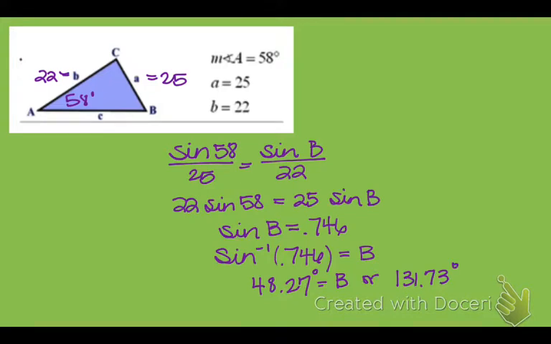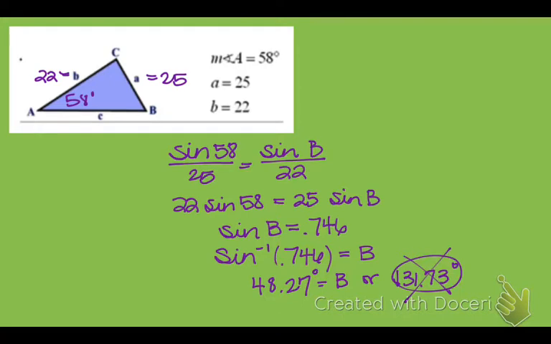So we have to go back to our triangle. If we had 180 degrees and we know that we already have one angle that is 58, that's going to leave us with 122 degrees that has to be split between angle B and C, which means that this number is too large for the triangle. Because if I have 131 and 58, I'm going to be over 180 degrees.